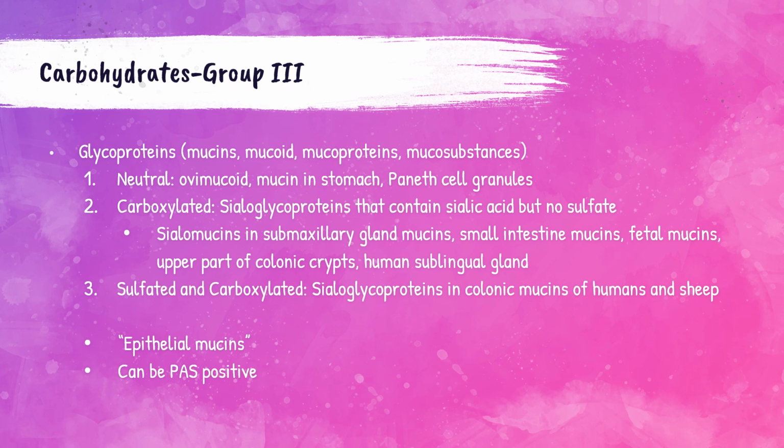Now, the sulfated and carboxylated category are the sialoglycoproteins and colonic mucins in both humans and in sheep. Most of these are considered epithelial mucins, although some are in connective tissue. They can be PAS positive, but not always.